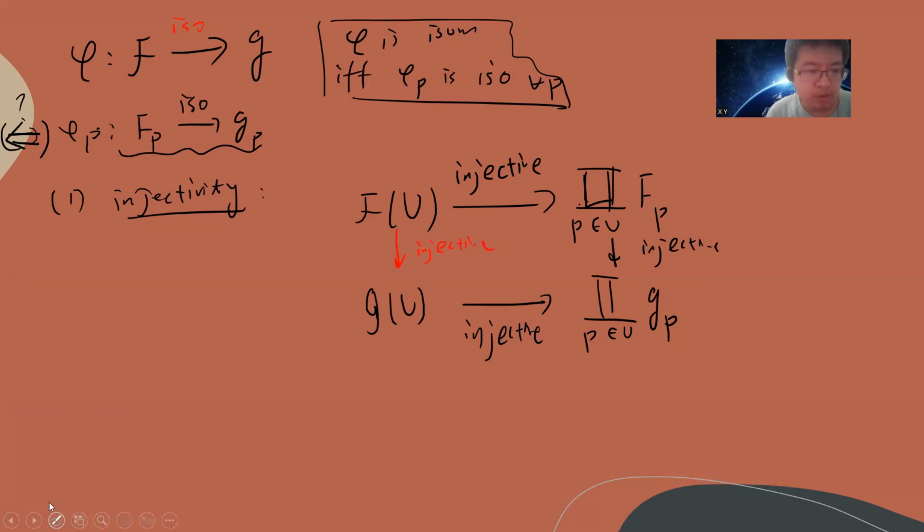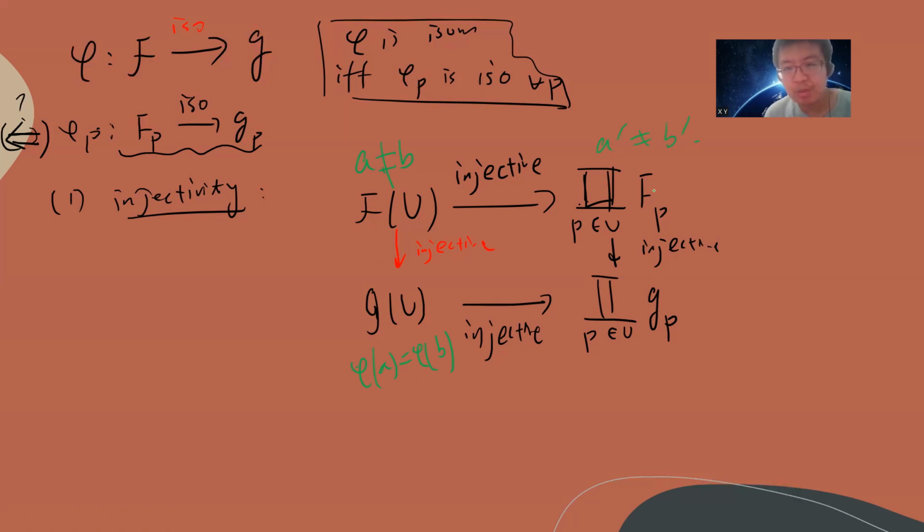Okay, so the proof is not difficult. How do we prove it? This is just a set theory result. Say you have A and B, and suppose they are different, and we want to prove that their images will be different. Prove by contradiction. Suppose phi of A is the same as phi of B. This map is injective, so these two results will be different.